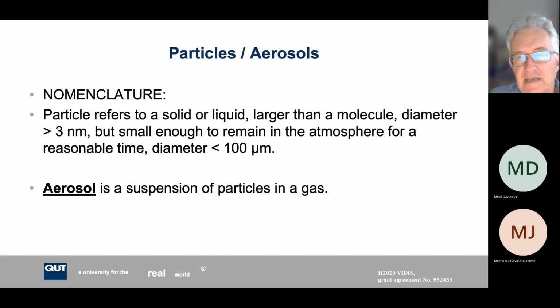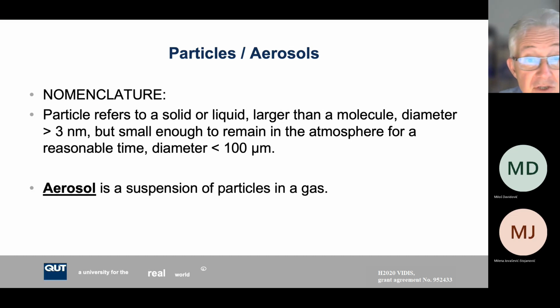That would infer that the diameter would be smaller than around 100 micrometers. Particles larger than 100 microns settle very quickly in the atmosphere, so they don't stay suspended for a long time, therefore will not get transported a large distance and are really not that significant and important.